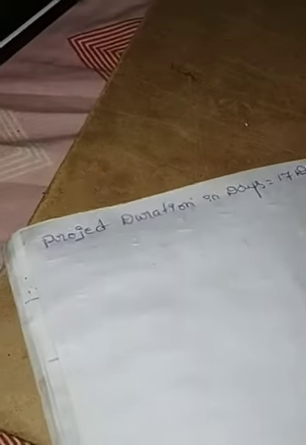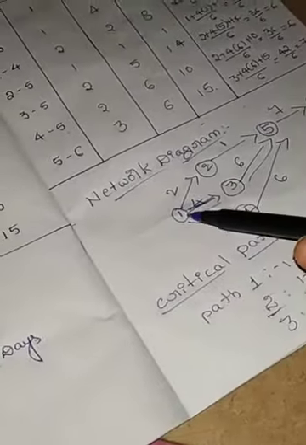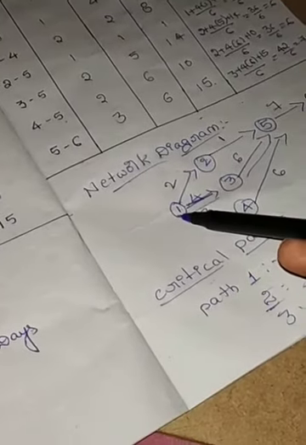Okay, next we have to calculate the earliest starting time and least finishing time. First of all, the earliest time: E1 equal to 0. Why? Because at the starting time it doesn't consume any time and resources.